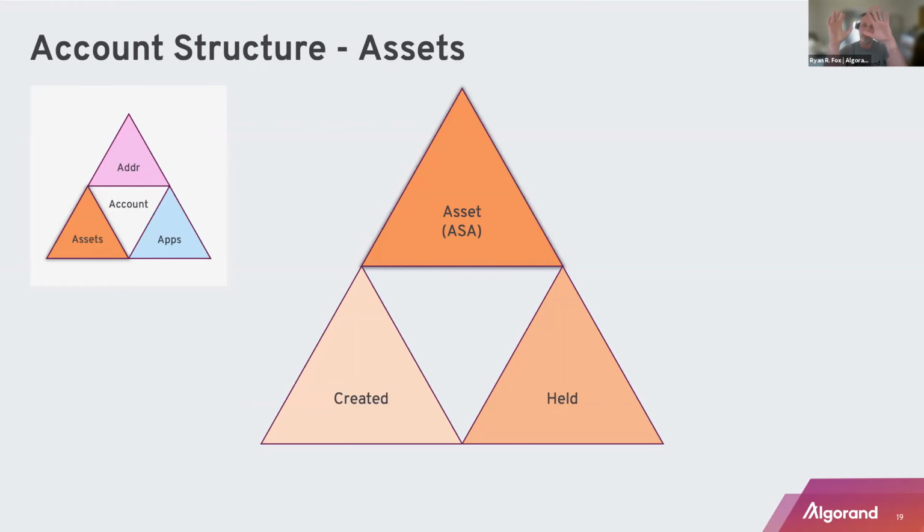When we created those, they went onto the created side of this structure for the account. If and when that asset is transferred to somebody else, that will be on the held asset side of this account structure. So assets are organized within the account in two different sections, created and held.